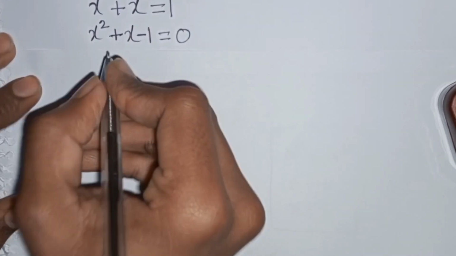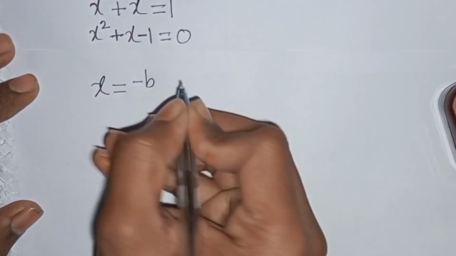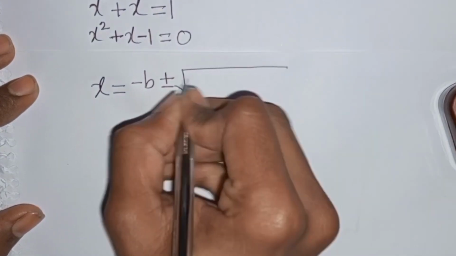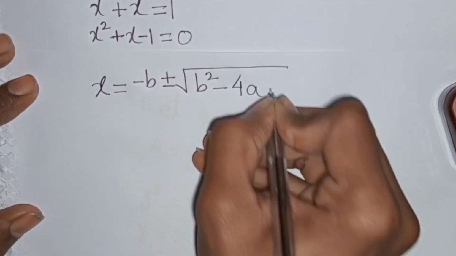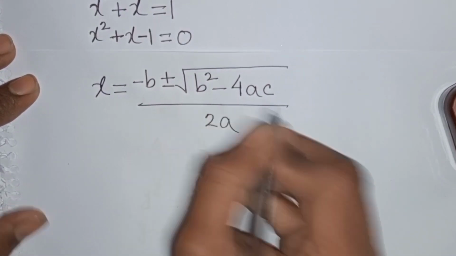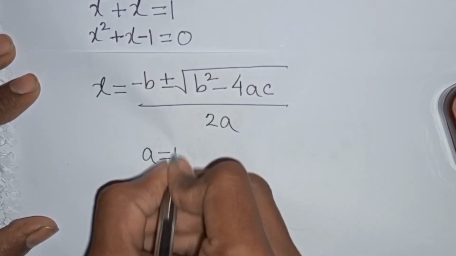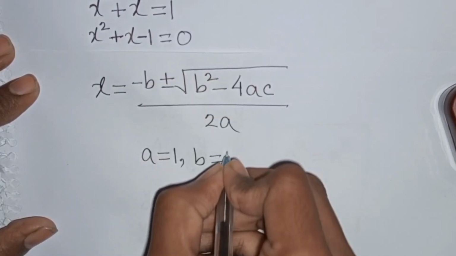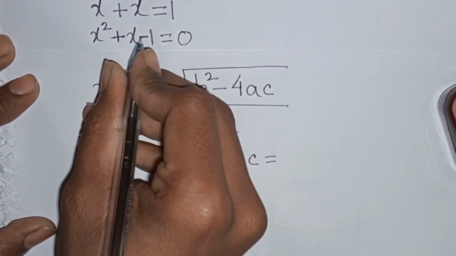Here we can apply the quadratic formula, so we can write x is equal to minus b plus or minus square root of b square minus 4ac divided by 2a. Here a is 1, b is 1, and c is negative 1.